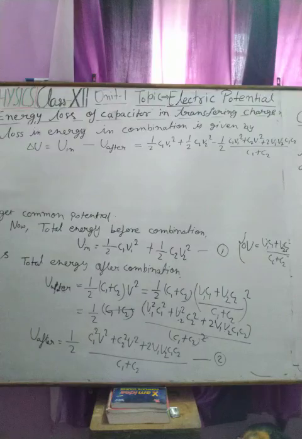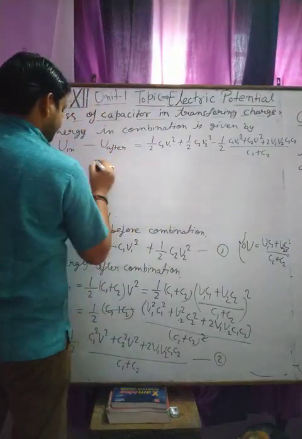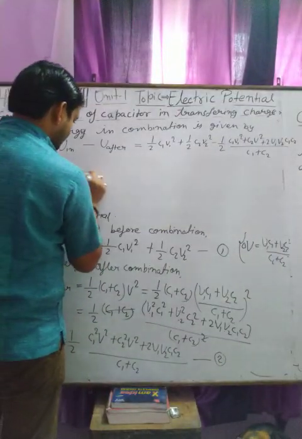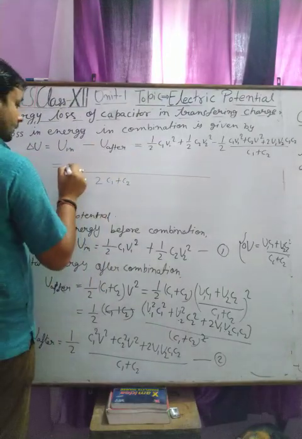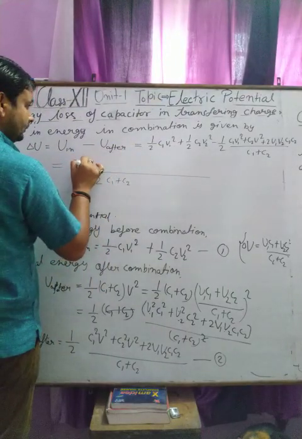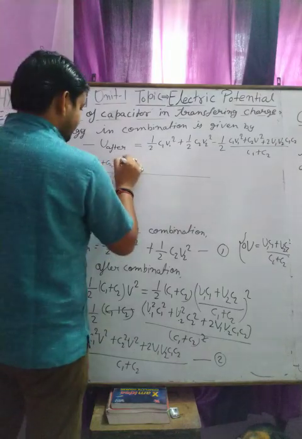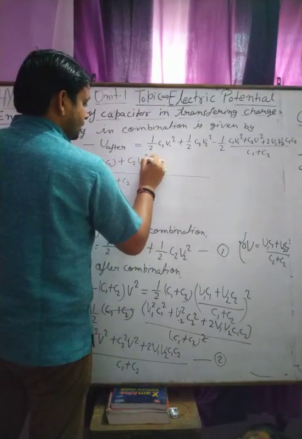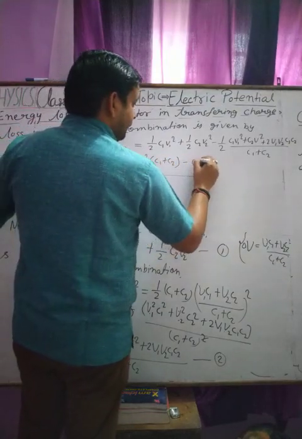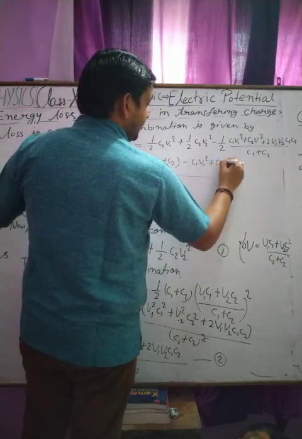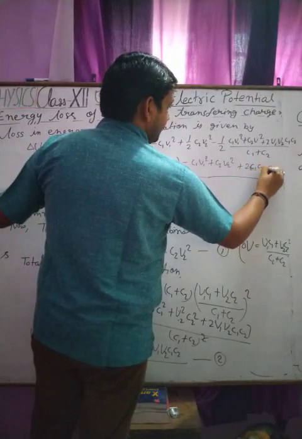Okay, student. Now on taking LCM, 2 C1 plus C2, we get C1 V1 square C1 plus C2 plus C2 V2 square C1 plus C2 and minus C1 V1 square plus C2 V2 square plus 2 C1 C2 V1 V2.